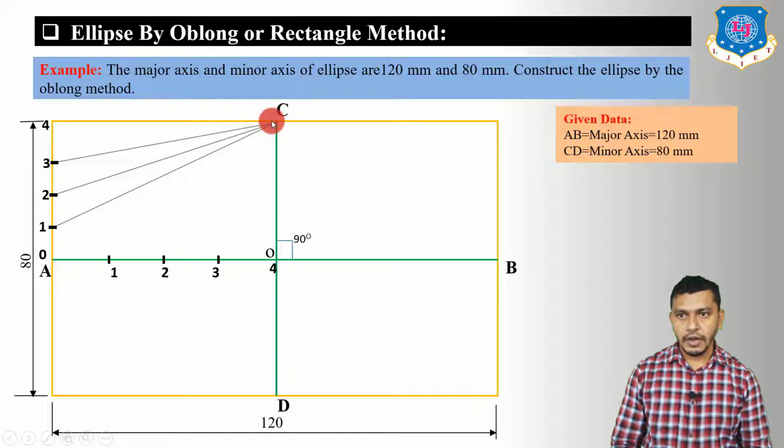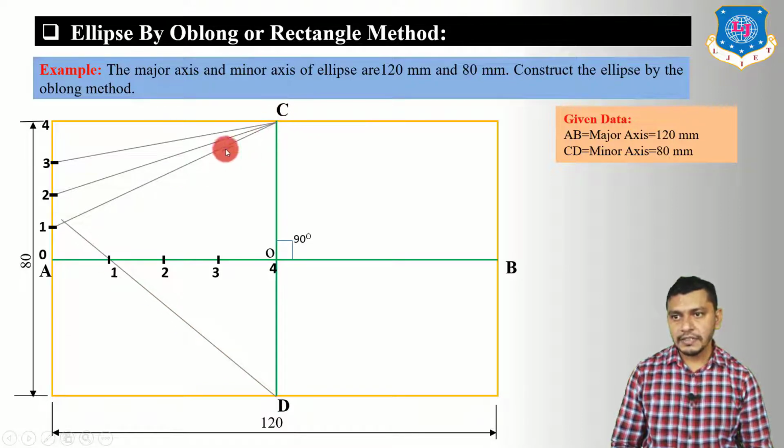Now from point D, join point 1 using the scale, and extend that line to get the intersection on the line C1, exactly over here. Now connect point 2 to D also, and extend this line to get the intersection point on the C2 line.